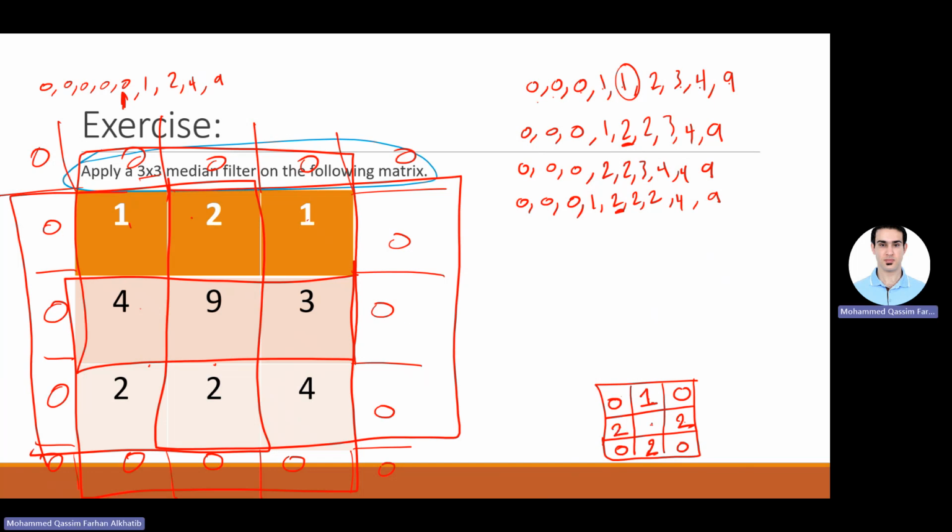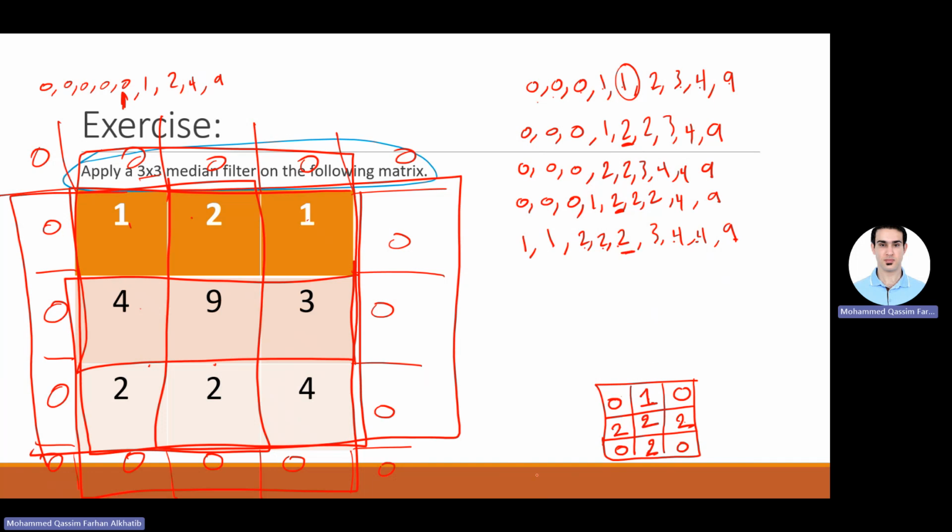Now the last one here, the center, is basically this full thing, right? All right, so let's see the sorting. I have 1 and 1, then 3 twos, 2, 2, 2, 1, 3, 4, 4, 9. Let's count them: 1, 2, 3, 4, 5, 6, 7, 8, 9. So the pixel in the center will be 2.